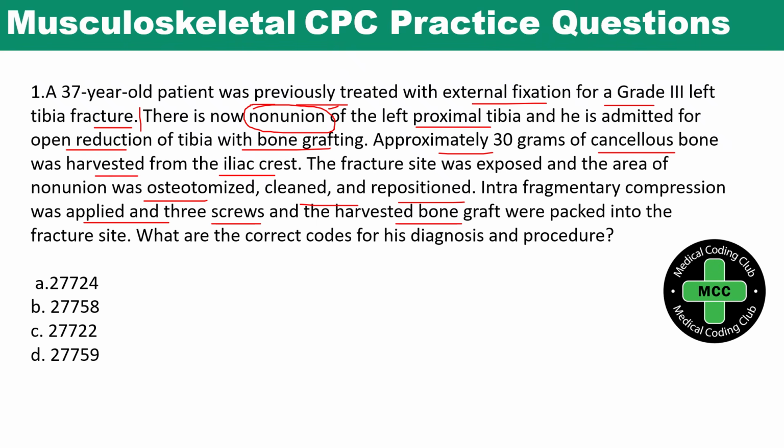Okay, that too autogenous bone grafting or autografting we can say, because the bone was harvested from the patient's own iliac crest. So now these are the procedure keywords we got. So now let's see what are the options we have and what is the code description for these options, and let's find out the correct answer.